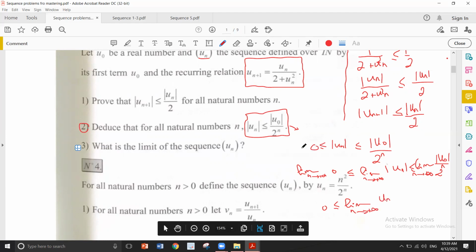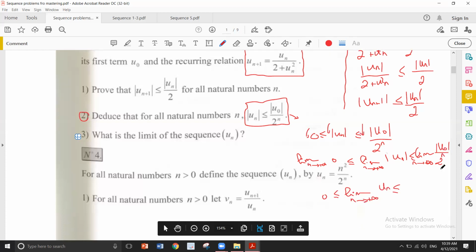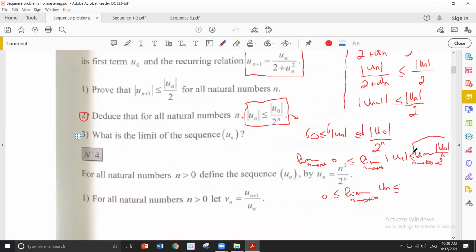In this relation I put the limit here, and here, and here. What is the limit of u0 over 2 to the power n as n tends to infinity? The limit is 0, because 2 to the infinity is infinity, so it becomes 0.